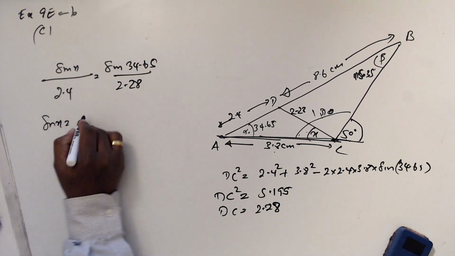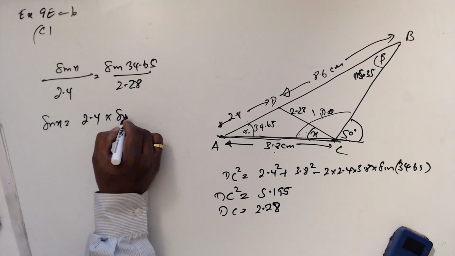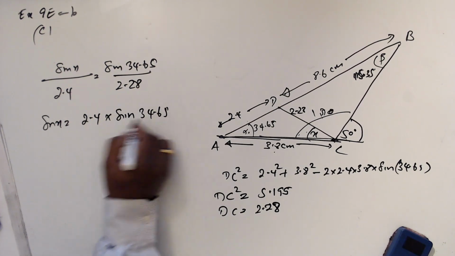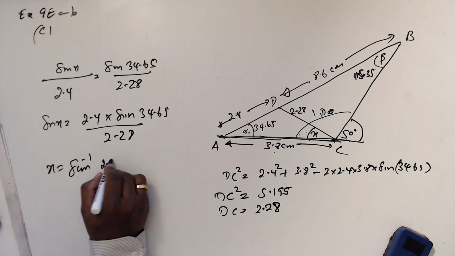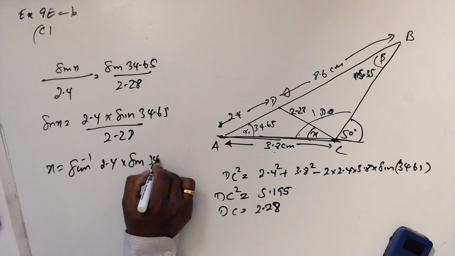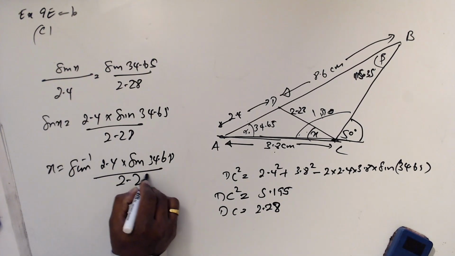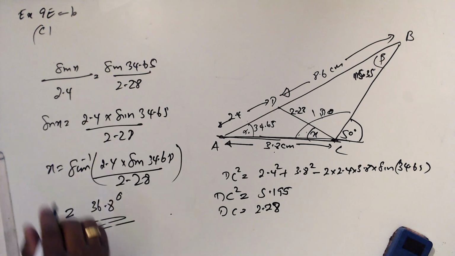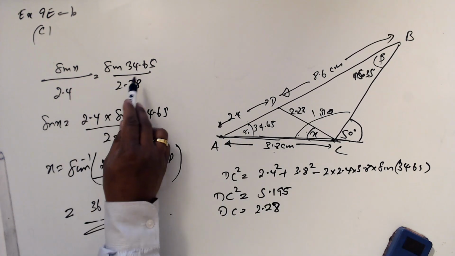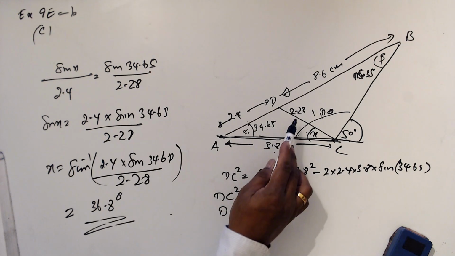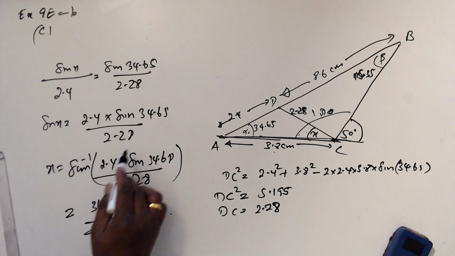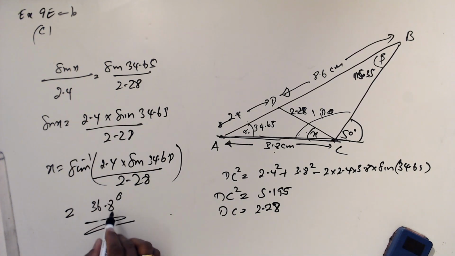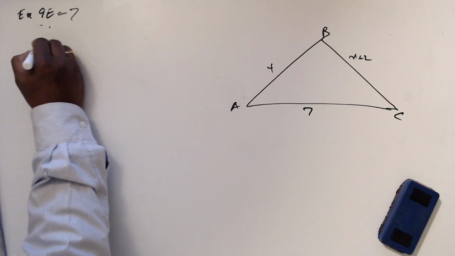Then sine x equals 2.4 times sine 34.65 over 2.28. x equals sine inverse of 2.4 times sine 34.65 over 2.28. Cross multiply and inverse, and it is 36.8. The answer.